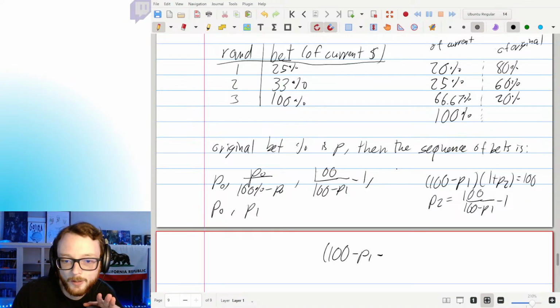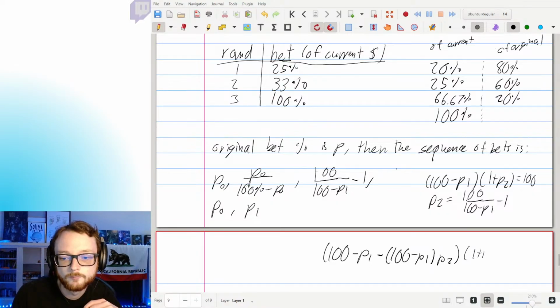The amount we just lost is the same amount times the amount we just bet. I guess that's P2. And we want to solve that for P3.